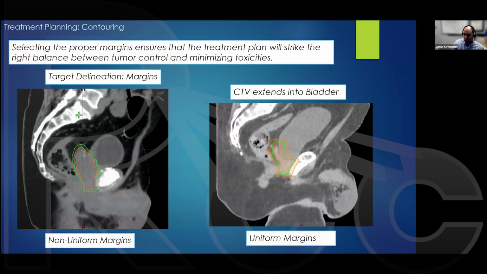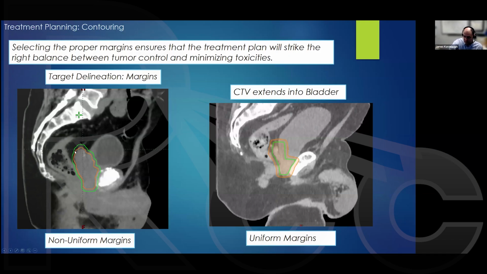I've had many clinics where the left example is pretty common, where it's non-uniform margins around the prostate. For instance, some of the most valuable OAR real estate is posterior, the rectum. And so we had rectal margins that were 3 mm, but it was allowed to be higher margins superior, inferior, and lateral.